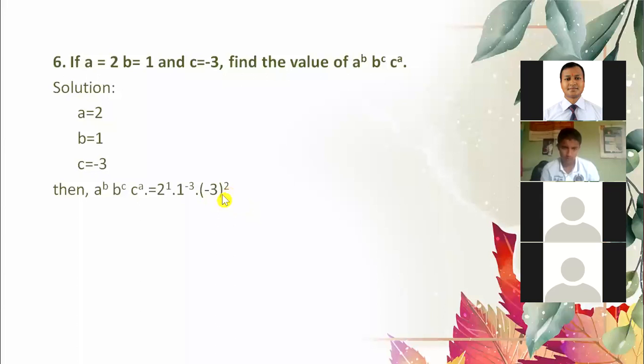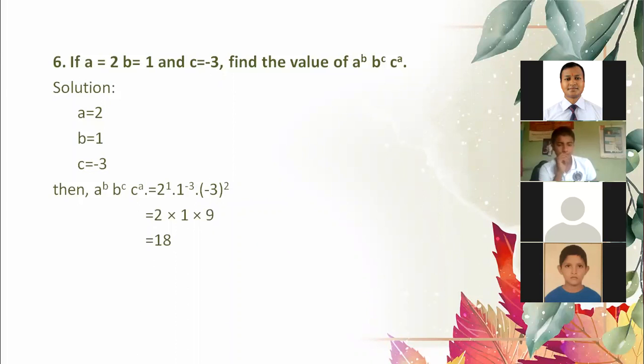So square of negative means plus positive sign. It will be plus 9. So in next step we have to write 2 into 1 into 9, and 2 into 1 into 9 is equal to 18.